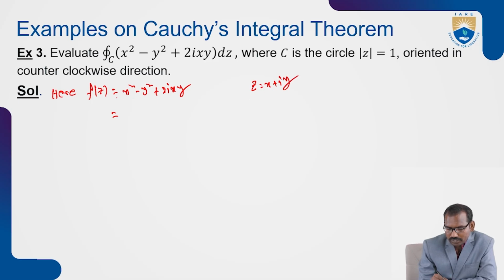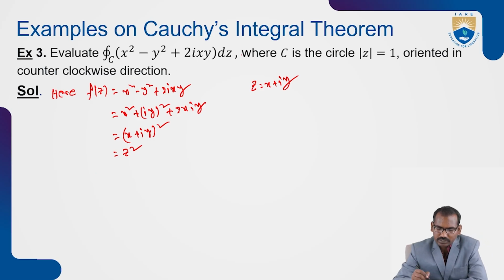So it is x square plus i y whole square plus 2xiy. This can be written as x plus iy whole square, that is z square.